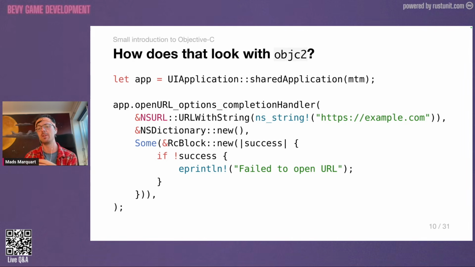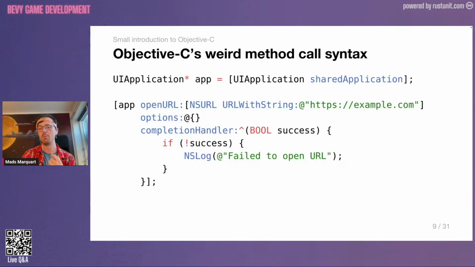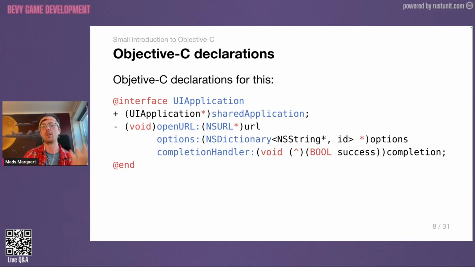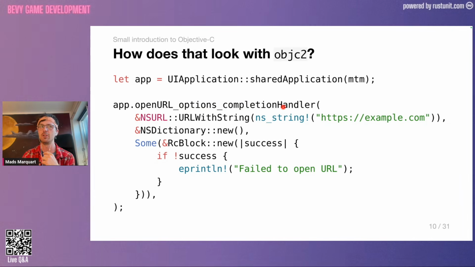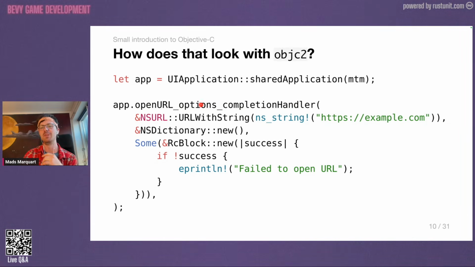This API that I show here is something that the OBC2 project provides, and it's completely auto-generated from this declaration. So it has a bit of weird names. If you're ever going to interact with this, you're going to have to live with these weird names. That's how it's going to be.